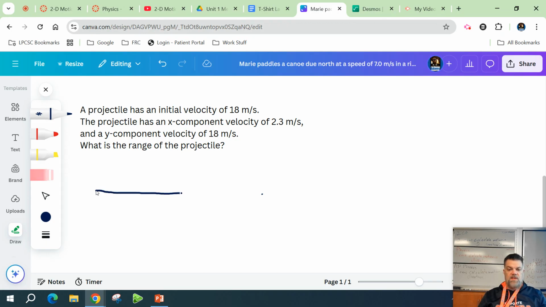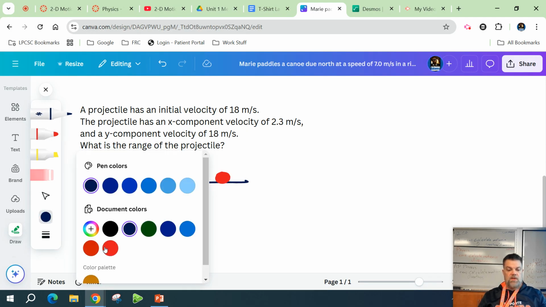Projectile has an initial velocity of 18 meters per second. Oops. So there's that. It's a projectile.